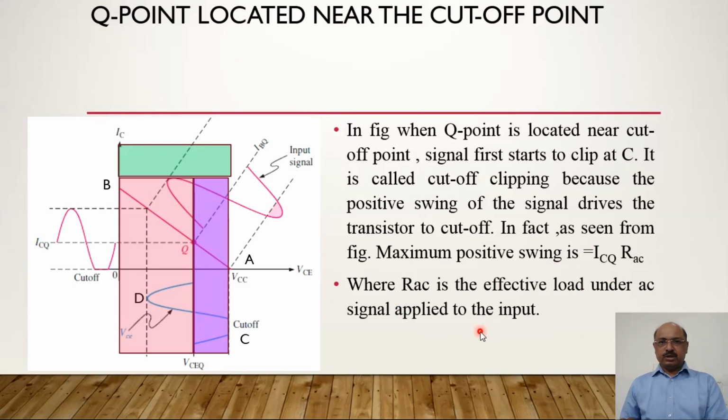Its value is calculated as RC in parallel with RL, as shown in the previous figure of the CE amplifier. In this case, if the Q point is located near the cutoff point, distortion occurs.